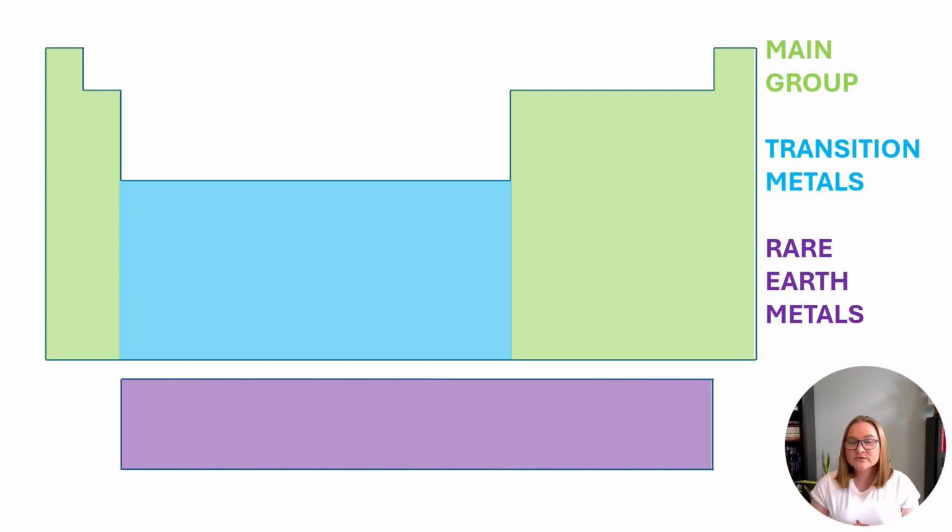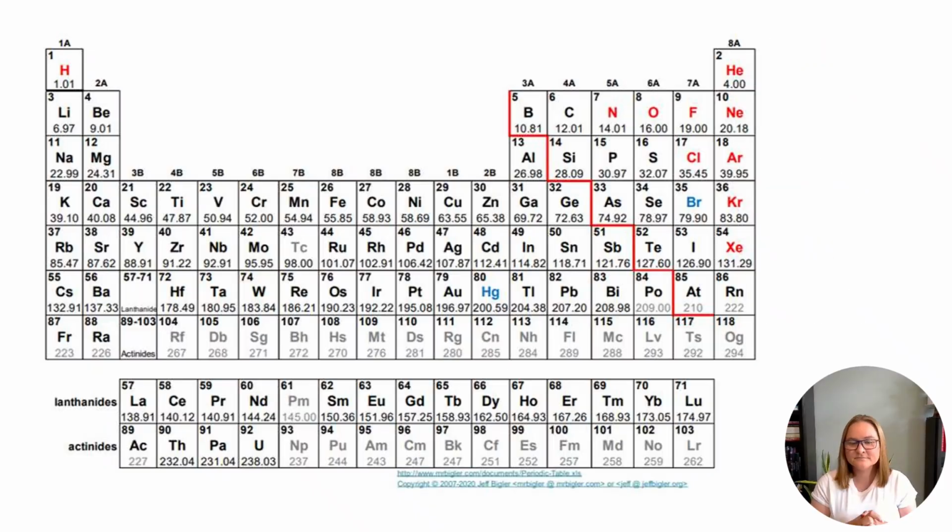Individually, these rows are referred to as the lanthanides and the actinides, based on the first element that appears in each row. These guys are not at all willing to play in the sandbox with others. They do their very own, very different, and sometimes very complicated chemistry. Most of what they do is well beyond the scope of a Gen Chem course. We'll see them from time to time, but we're not going to talk about these guys in any detail.